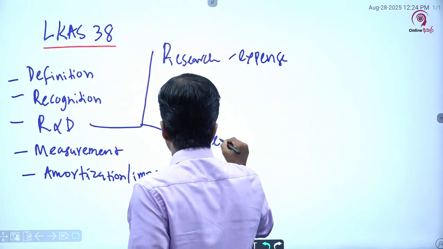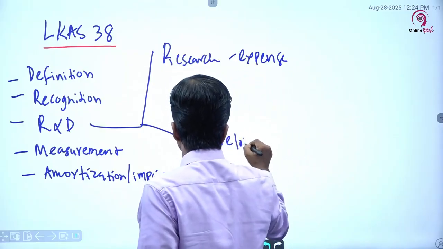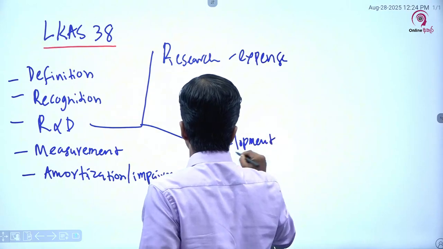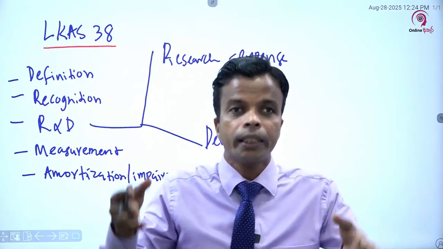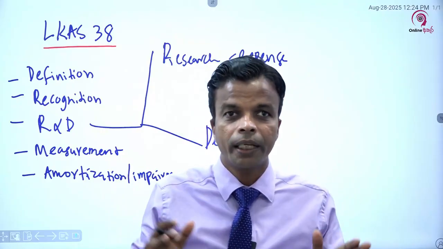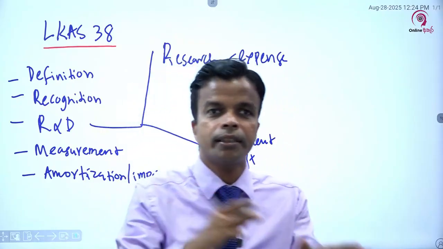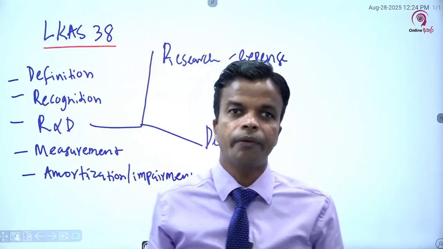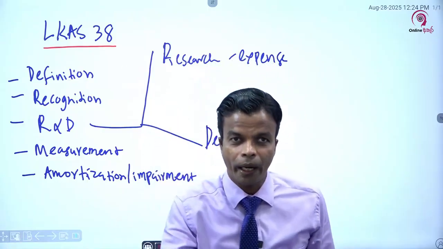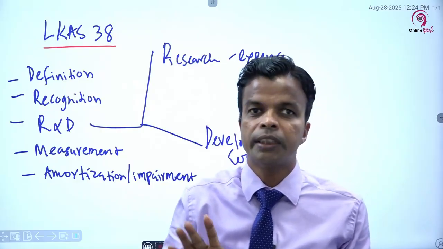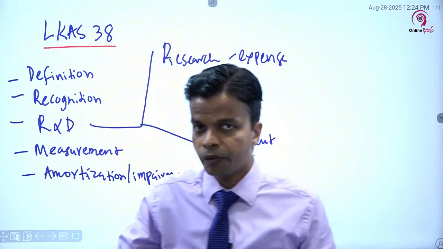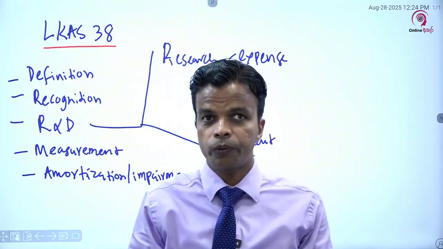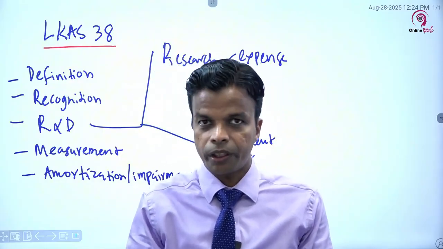Development cost. Development cost you can capitalize. You can capitalize it as an intangible asset, and you can amortize it, and impairment and everything comes in, provided you fulfill certain criteria. When it comes to the development phase, meaning now you are doing the manufacturing of the drugs.